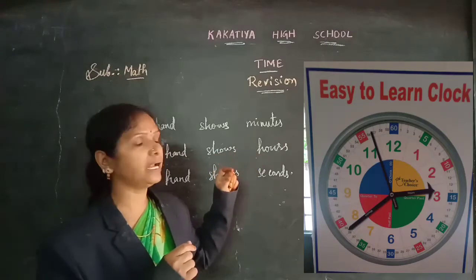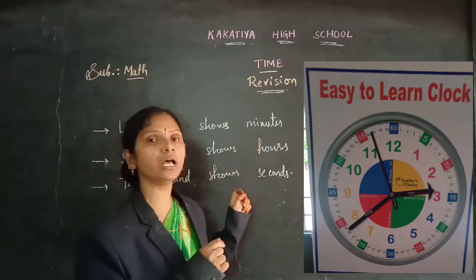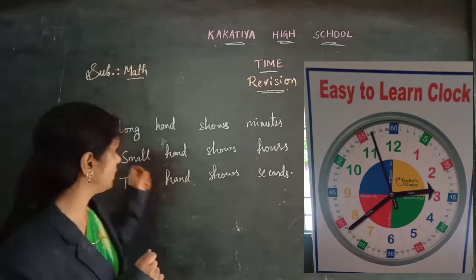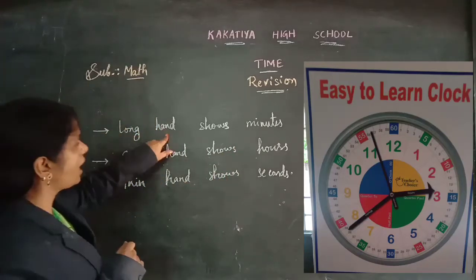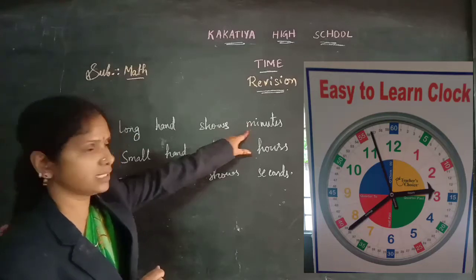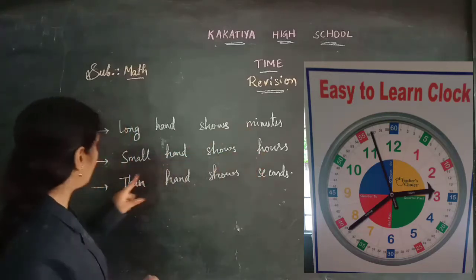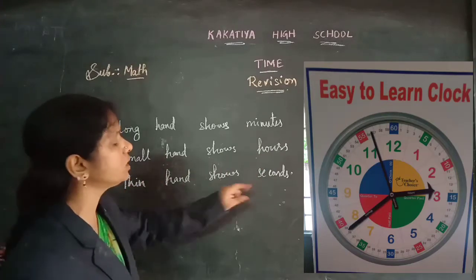The longer hand shows the minutes and the thinner hand shows the seconds. Long hand shows minutes, the small hand shows hours, and the thin hand shows seconds.